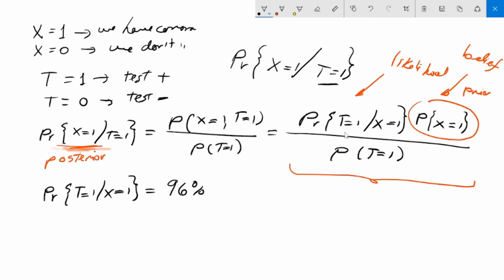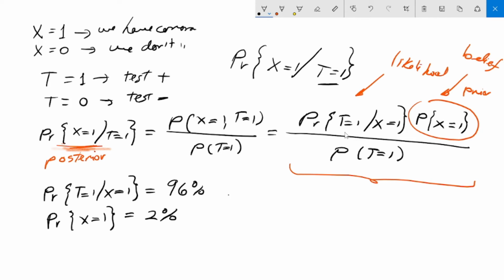The other question is, what is the probability of x equal 1? That is the general question of what is the probability of having corona. The probability of having corona is 2%, because it is the prior information we have, the belief we are using in our model.